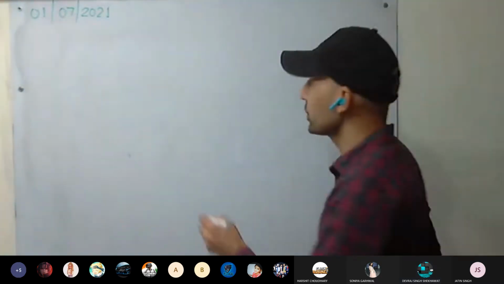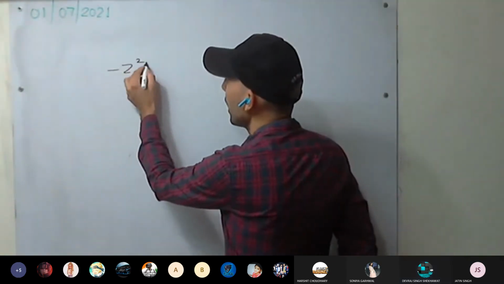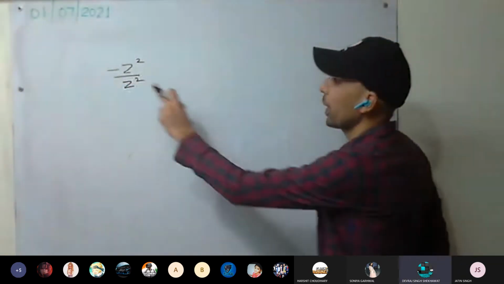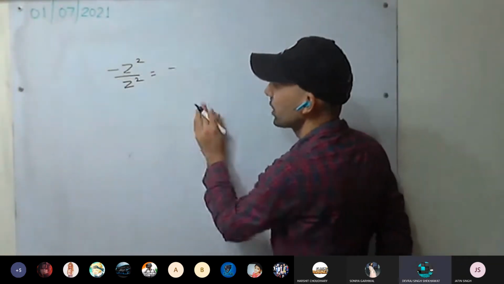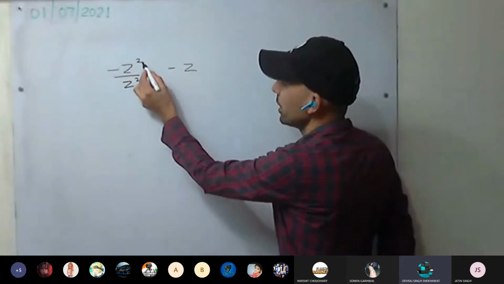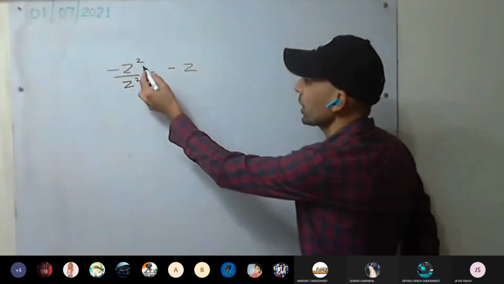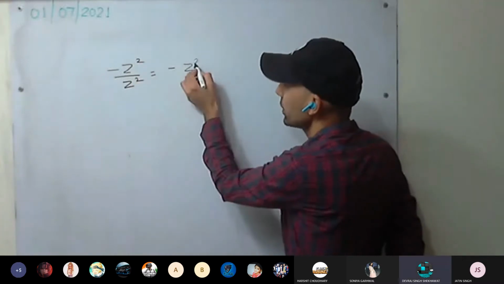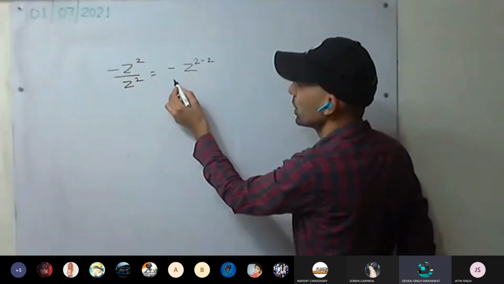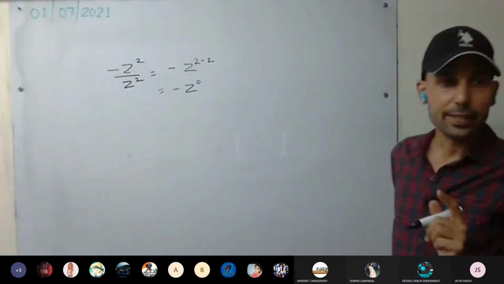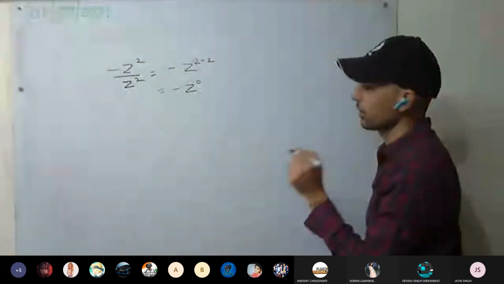See the next question. Minus z square upon z square. Everyone look here. The minus sign will remain as such. Now z square upon z square, what power do we have to subtract? 2 minus 2, so it is z raised to power 0. Anything raised to power 0 is 1.